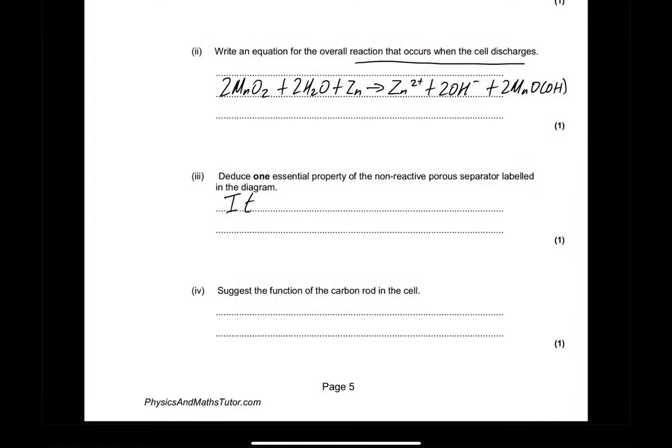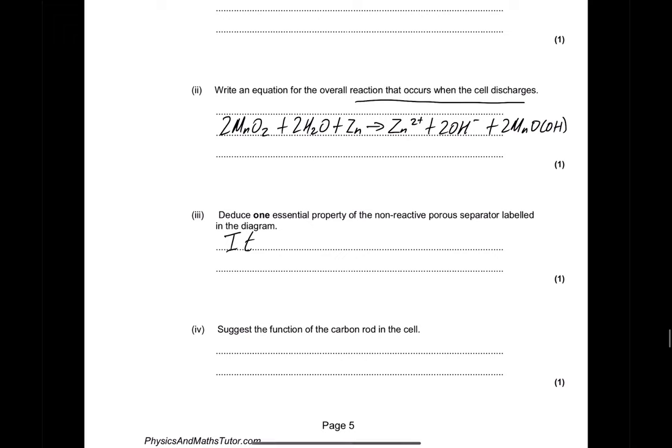So think of it exactly like a salt bridge. There's nothing crazy here, and nothing different. It's just the same as a normal cell, right? So it allows free movement of ions through it.